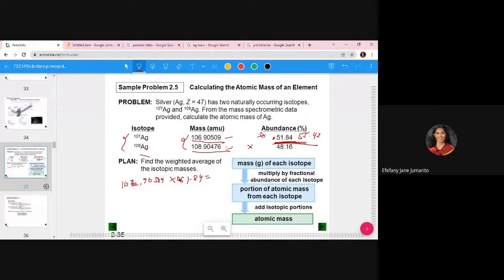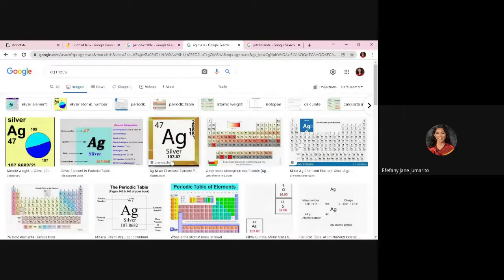You multiply the mass and then the abundance, so that is 108.9476 times 0.4816, which is 52.45. So the total is 107.87. Okay, so that is also what is reported to us in the periodic table.